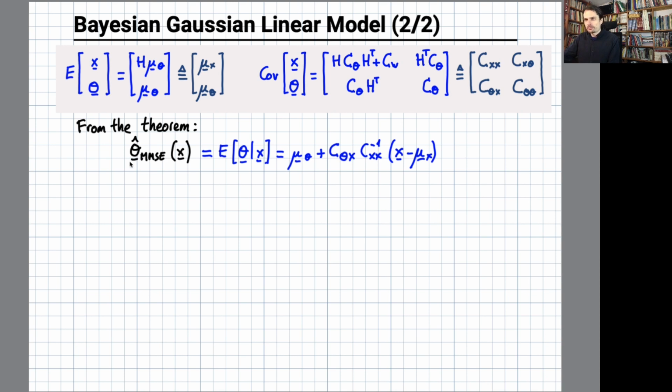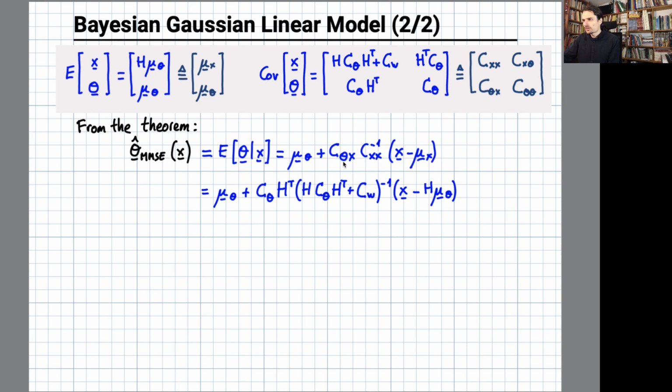So, as we know, the MMSE estimator is the conditional mean of theta given x, and by the expression that we now know by heart, this is the prior mean plus this correction here. So we just need to use this expression here.